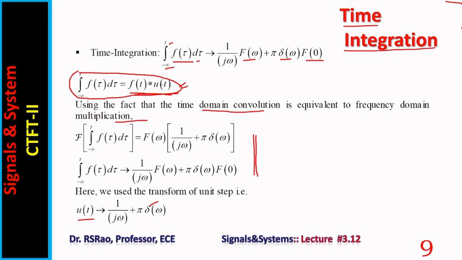One is that the convolution of f(t) with u(t) is the integral from minus infinity to t of f(τ) dτ. Another is that the Fourier transform of the unit step is 1/(jω) plus π δ(ω). These two aspects we discuss again in the coming session or sessions.